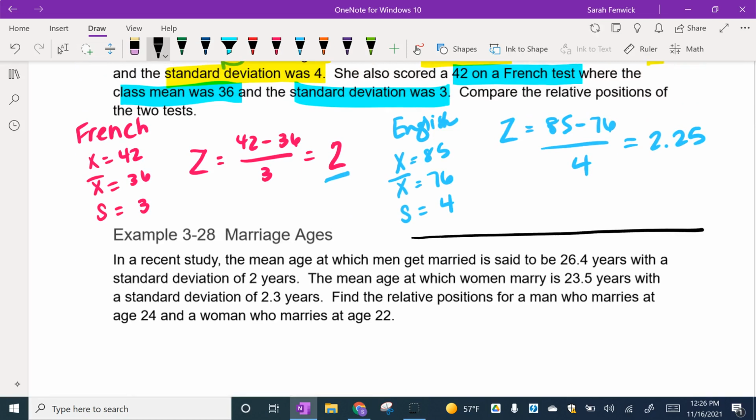When I'm dealing with z-scores, my mean is 0 and my standard deviation is 1 because we're counting by one z everywhere. So we could say that my French score was right here and that my English score was just a little beyond there. Okay? So it's just talking about the position. It's not talking about necessarily better or worse, but the position.